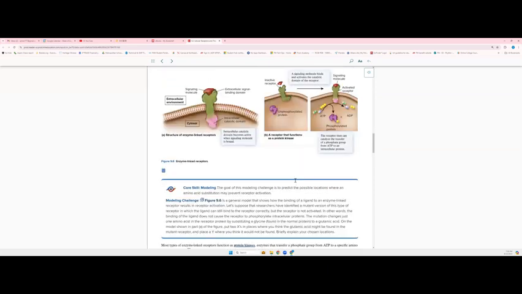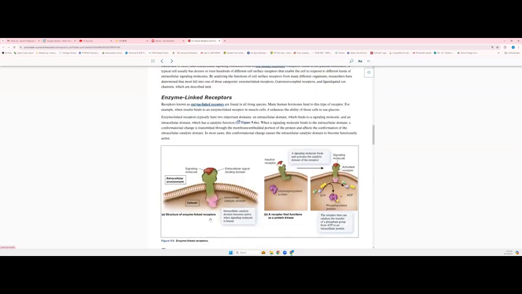For example, this is a good example of enzyme-linked receptors. A signal molecule will bind to this kind of enzyme-linked receptor. Like I said, when a signaling molecule binds to these receptors, the conformation changes, and the receptor converts from the inactive form into the active form.